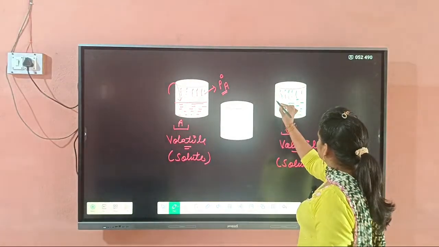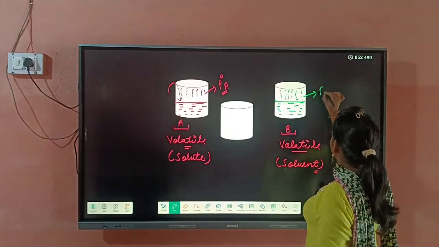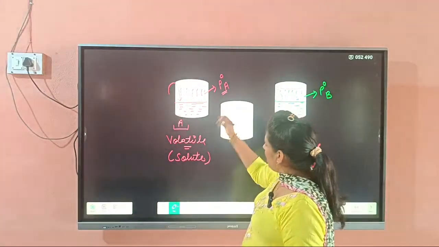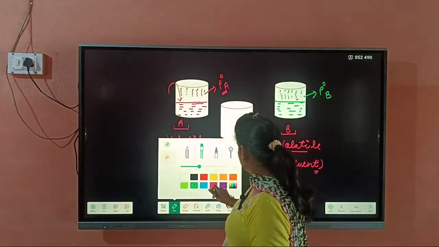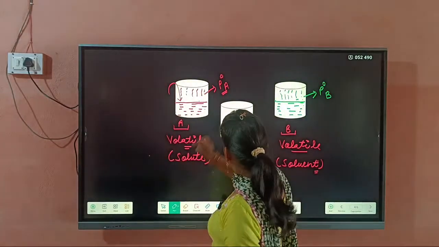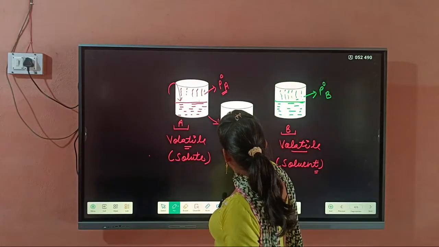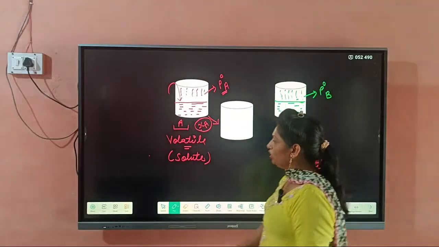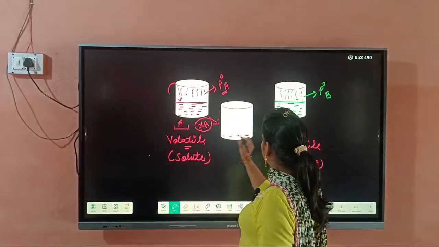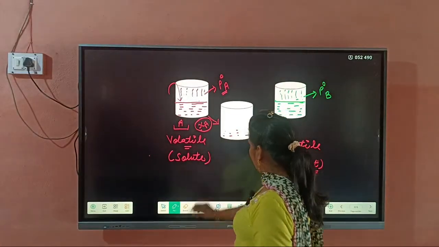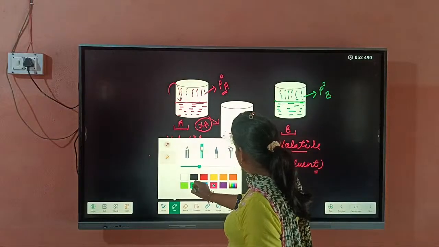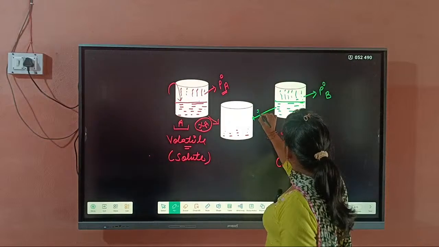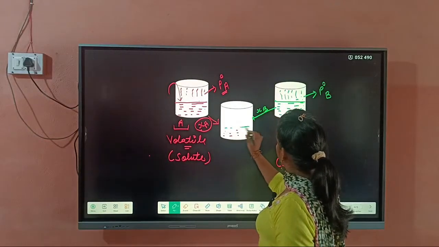Let us consider they are exerting pressure P naught B. If I add XA as the mole fraction of solute in this beaker and XB as the mole fraction of solvent.